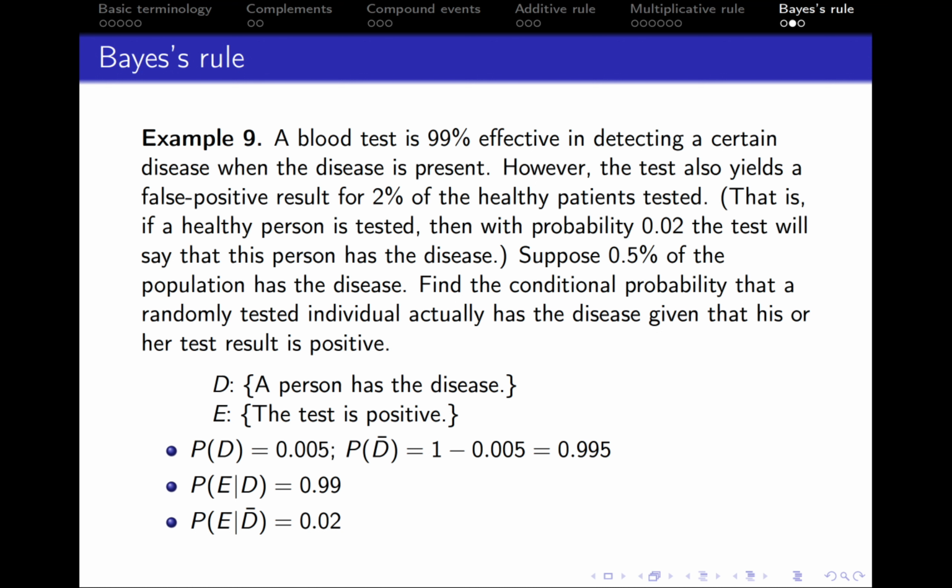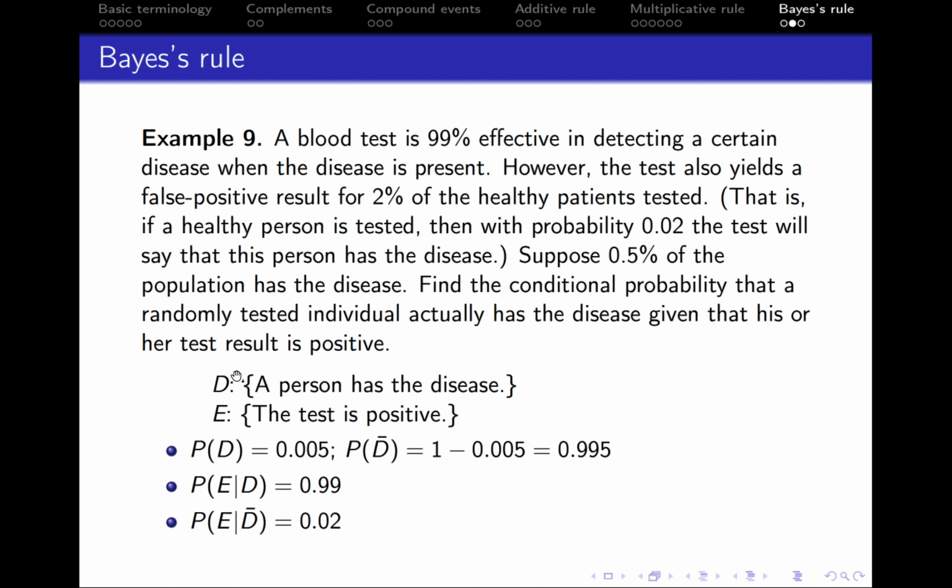So the test makes a mistake. And suppose that 0.5% of the population has this disease, and we need to find the conditional probability that a randomly tested individual actually has the disease given that his or her test result is positive. So we need to find the probability that a person has the disease and the test shows this disease.